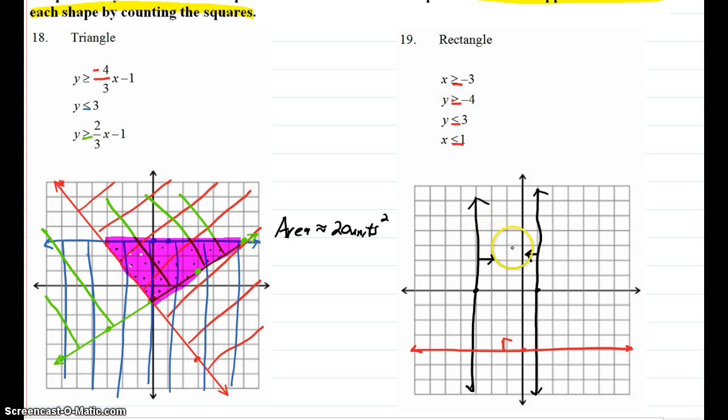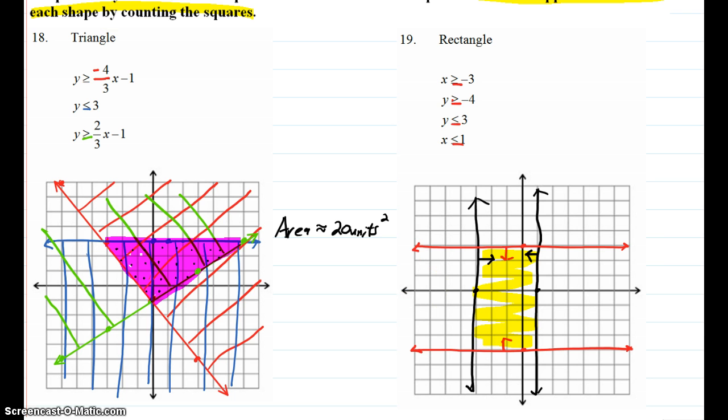And then the last one is at y at 3. This one is less than, so I'd be shading down here. And so our shaded region would be where all 4 arrows intersect.